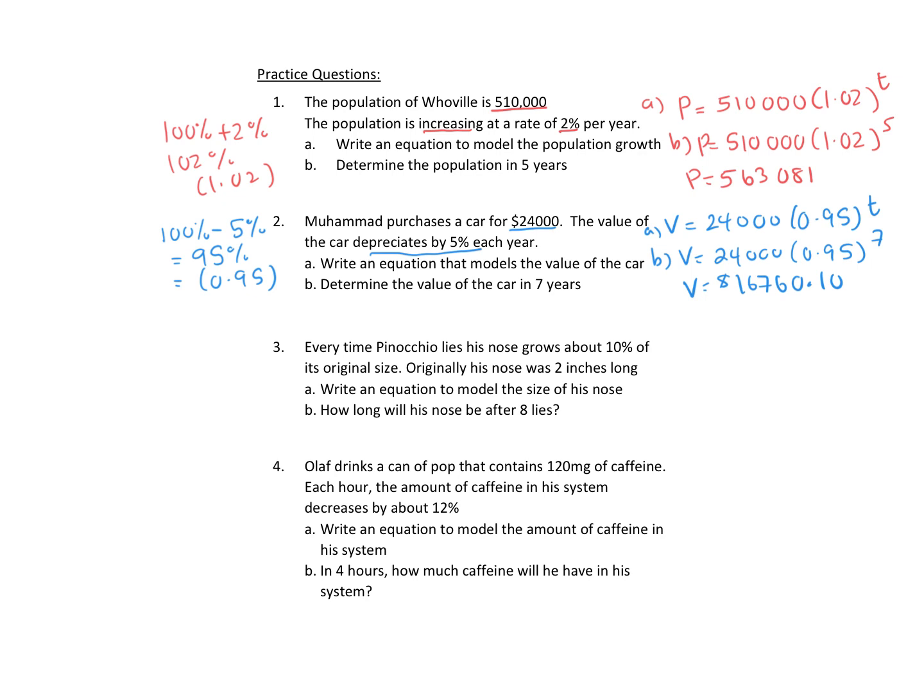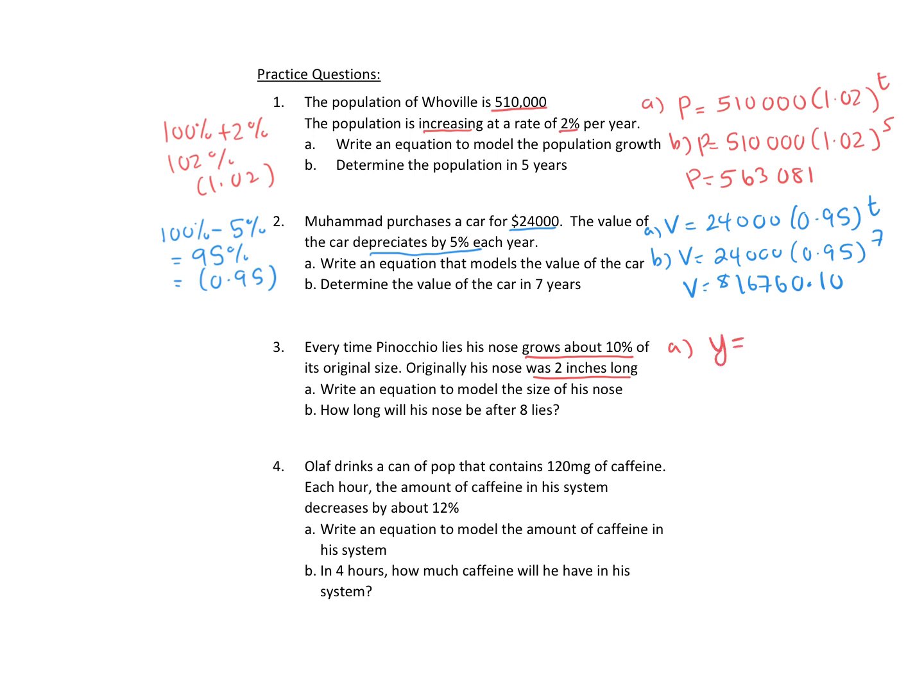Question 3. Every time Pinocchio lies, his nose grows about 10% of its original size. So it's increasing by 10%. The original length was 2 inches. So we want to write a model, or an equation, to model this. I'm just going to use y this time.